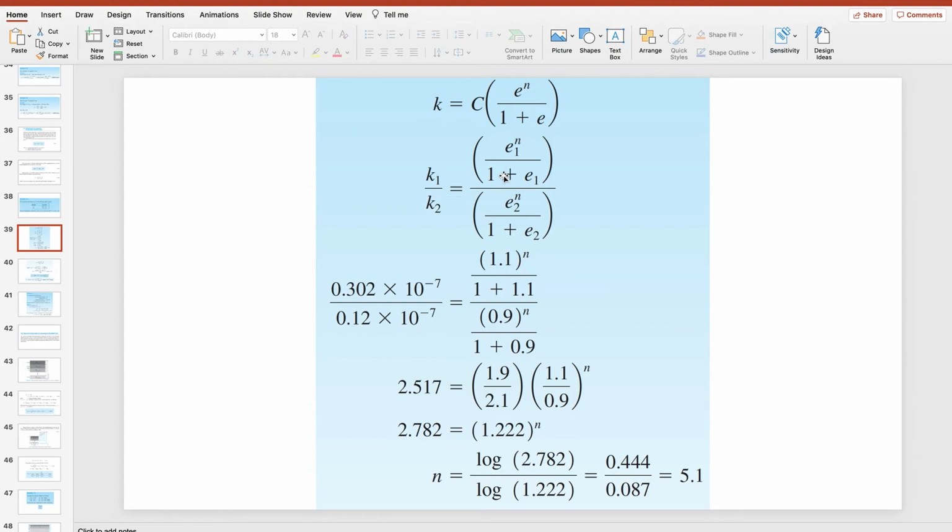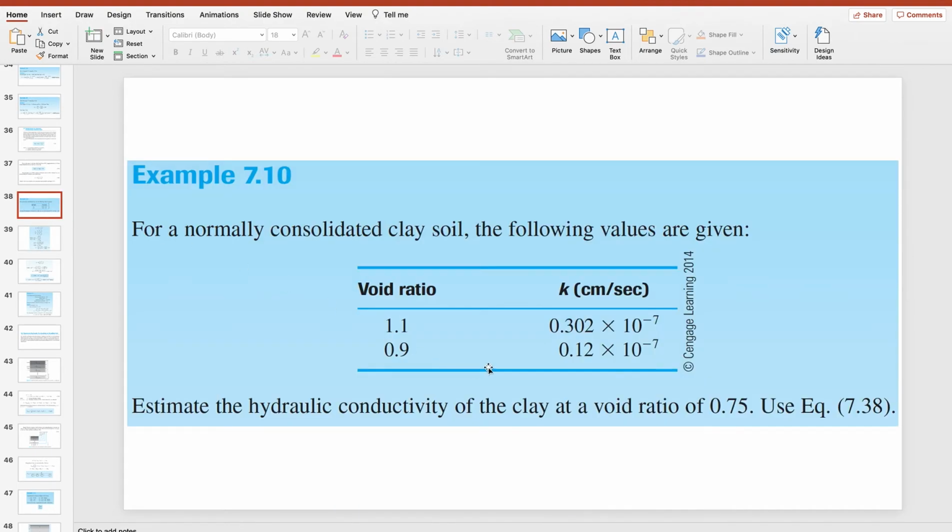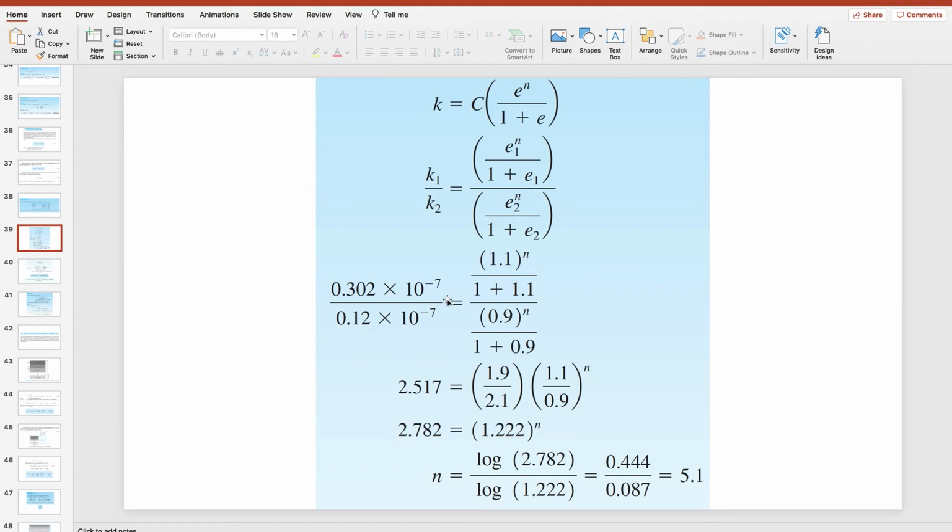Having these two values, input them in your equation: K, then e, then e. You can observe that the unknown is the porosity. So further simplifying the equation, we can get n, and the porosity is equivalent to 5.1.